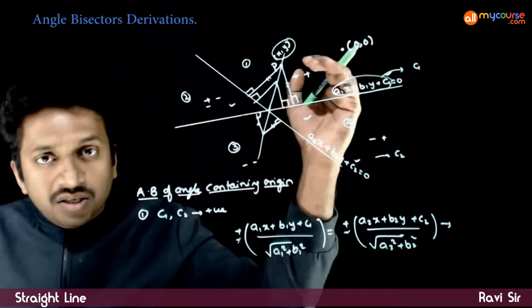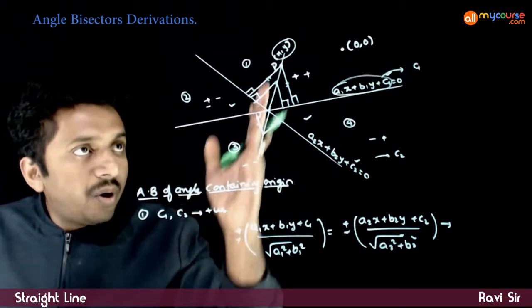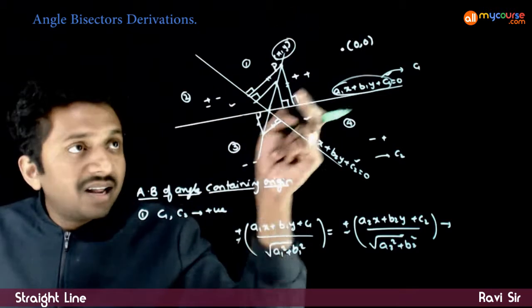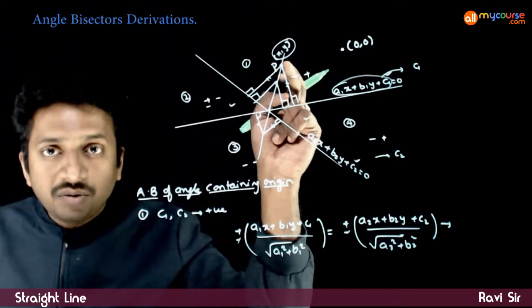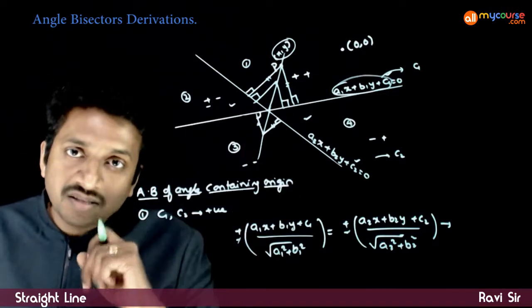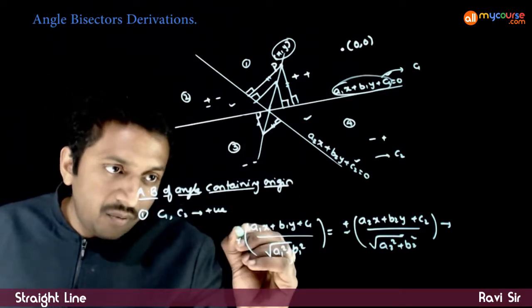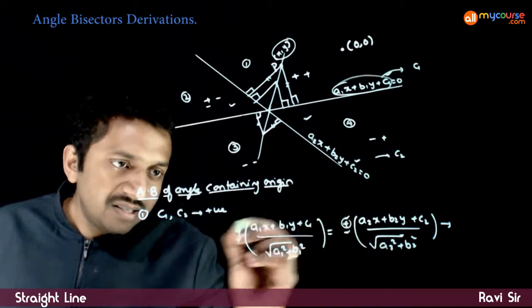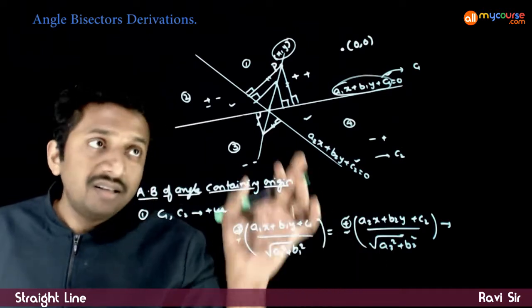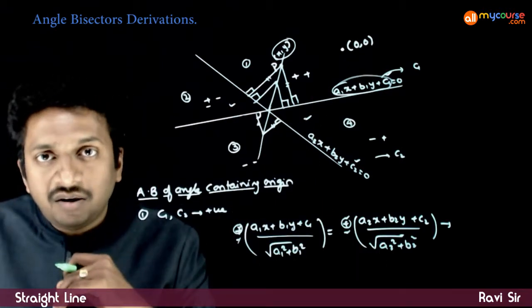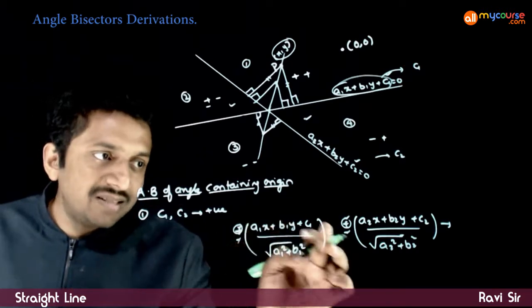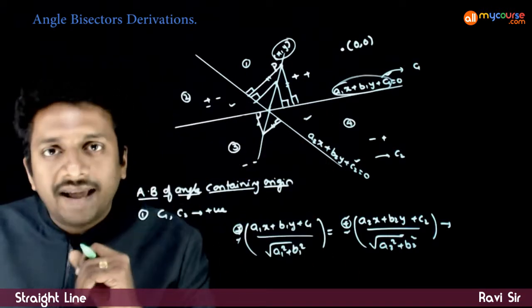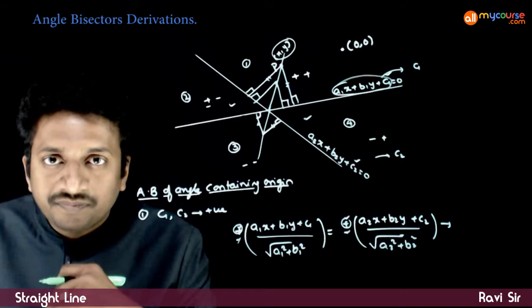And once we have done that, all the points in the angle bisector containing the origin also give you plus-plus signs or minus-minus signs. So we equate the expressions having the same signs to get the angle bisector of the angle containing the origin. If you equate plus to minus, you get the angle bisector not containing the origin.